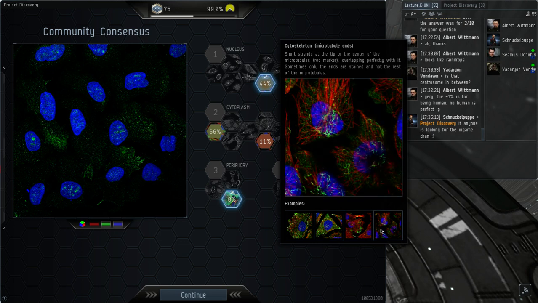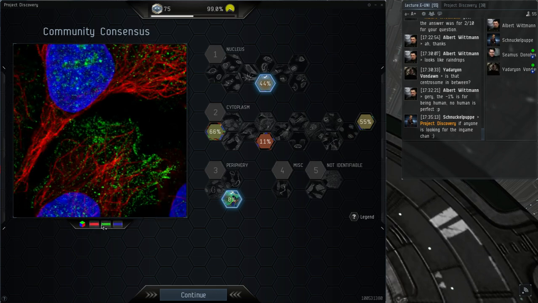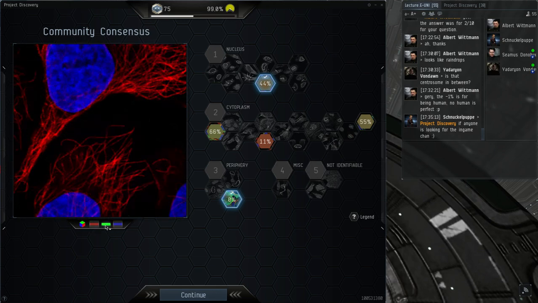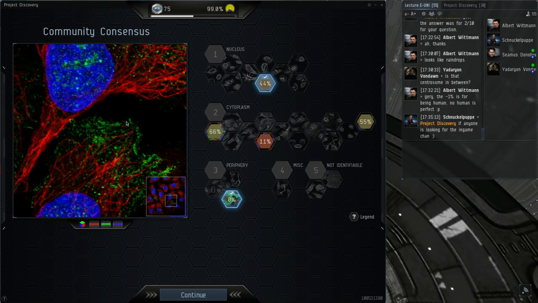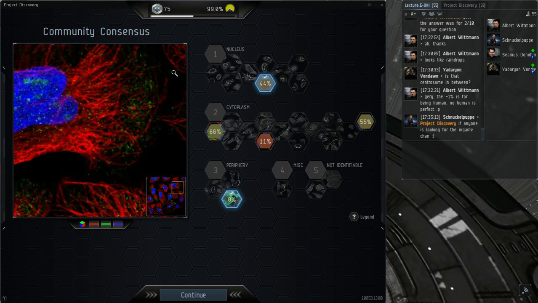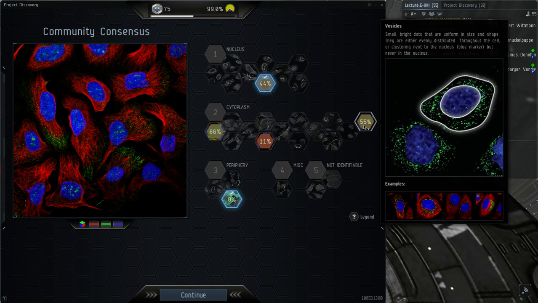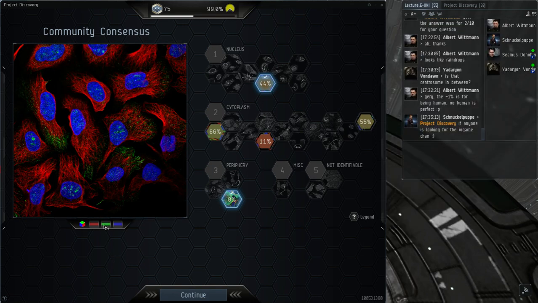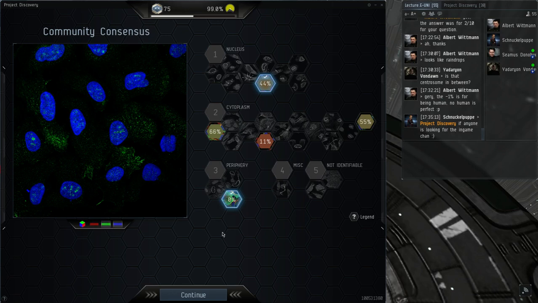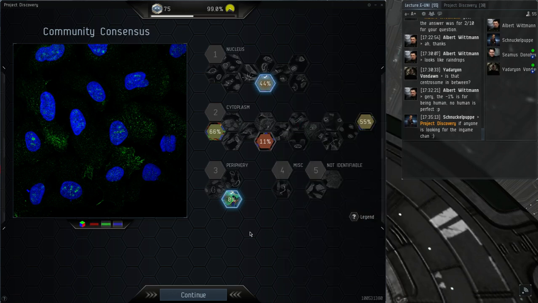So in the best of worlds, in the best of stainings and samples, it would overlap really nicely with the red, which I don't really believe it does here. I think this is more of a plasma membrane staining rather than the microtubule edges. And then we have 55% for the vesicles, which I also don't believe in. And then 44% nucleoli. That's pretty good.